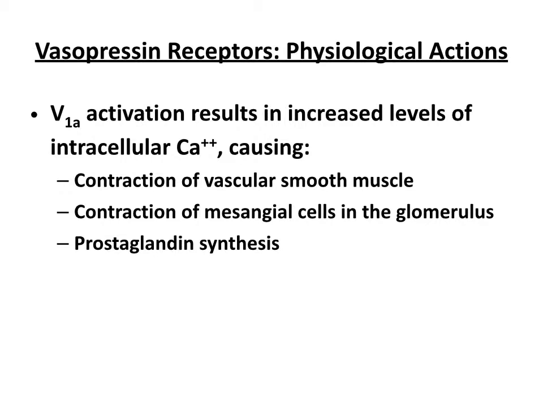And again, you get prostaglandin synthesis with V1A activation. So when you're thinking about the water conservation aspects of vasopressin, when you think V1 activation, you're thinking you're tightening up the blood vessels and helping conserve water that way. The vasopressor actions of vasopressin are really V1 mediated.